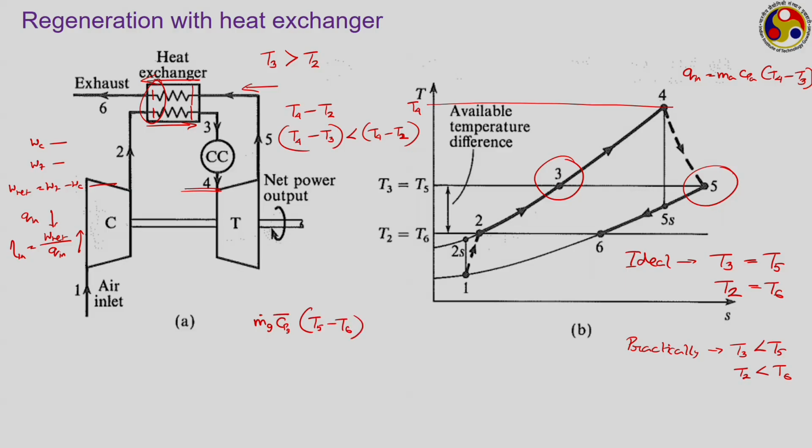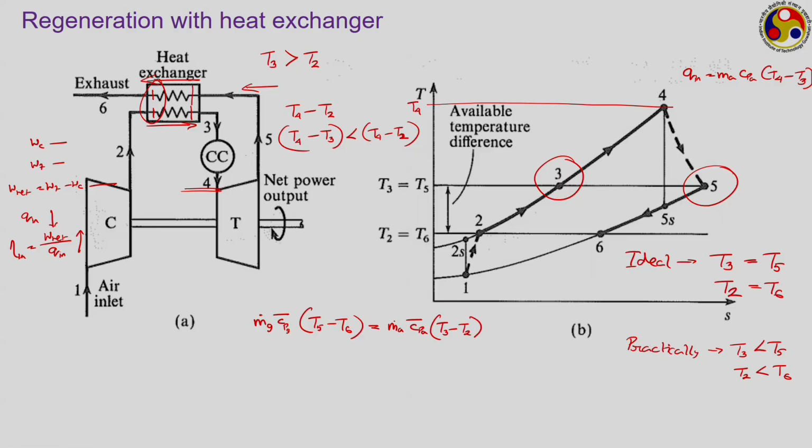Here of course, we are using the average specific heat, and this should be equal to the energy gained by the air, which is mass flow rate of air into average Cp for air into its temperature rise, which is T3 minus T2.